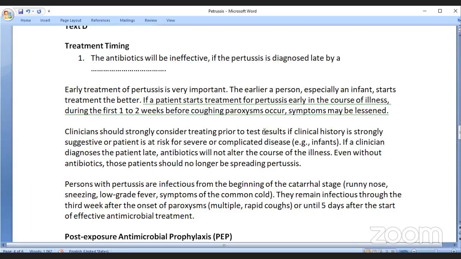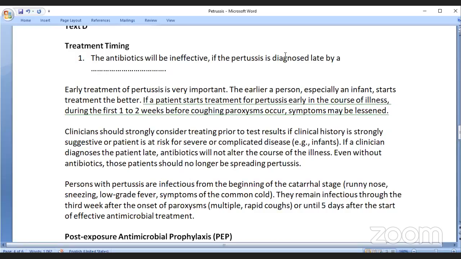I think diagnose better by a clinical history. Your answer is right, but you don't know where the answer is. In the second paragraph, where is the answer?